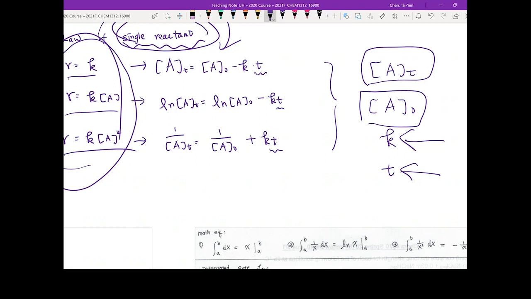In your question, you always get 3 and solve for the fourth one. For this chapter, the one you're going to encounter the most will be the first order one. Okay, so make sure you nail down the first order derivations.